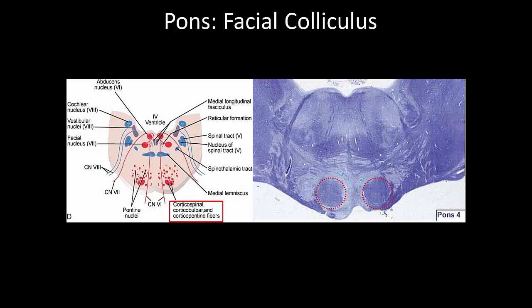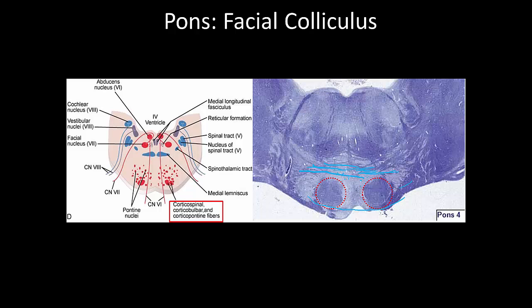And from those pontine nuclei, there's quite a few fibers that are originating and decussating and traveling in a horizontal fashion, and those fibers are referred to as transverse fibers.